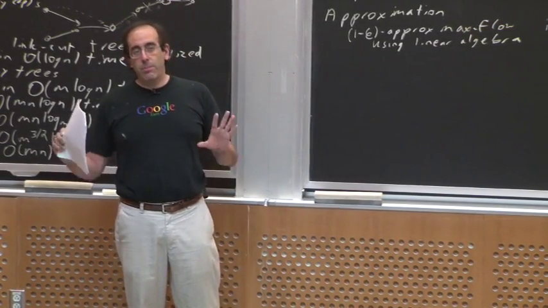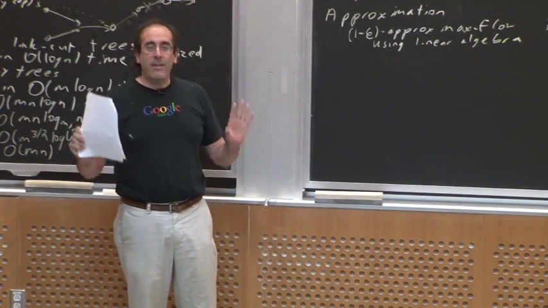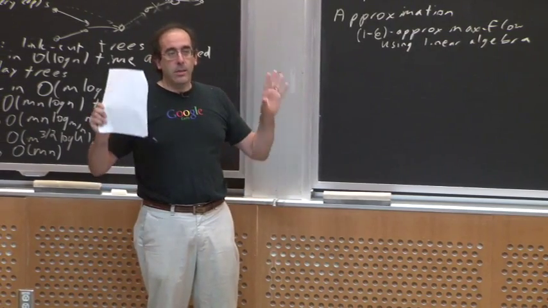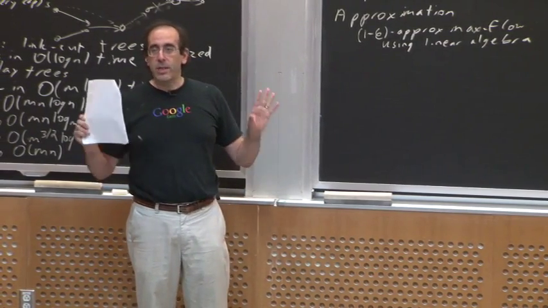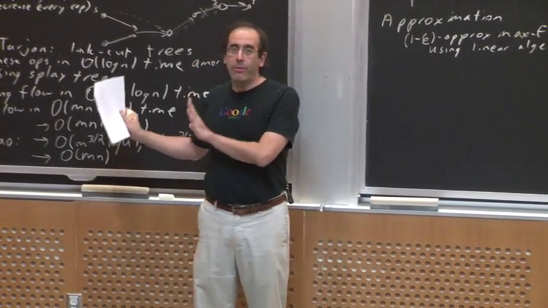Like max flow is a beautiful combinatorial problem, right? And to have to start talking about numerical analysis, linear system solvers, and things like that just doesn't make sense to me in a problem that's really about finding paths through a network.